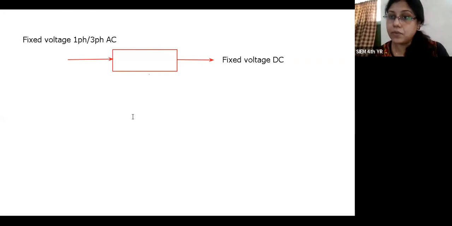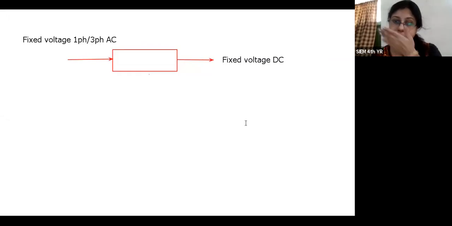Now, anyone tell me which kind of power electronics device we can use as a power modulator? Anyone? Hira, Sumit, Arpan, anyone? Apply your basic knowledge and tell me which kind of circuit we can use as a power modulator in this case.